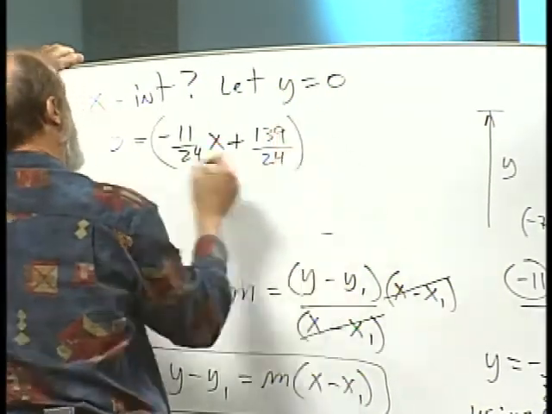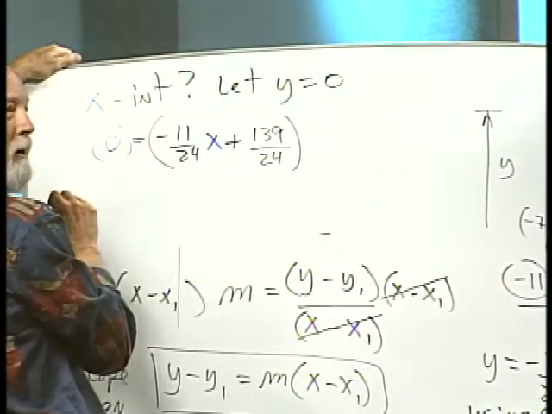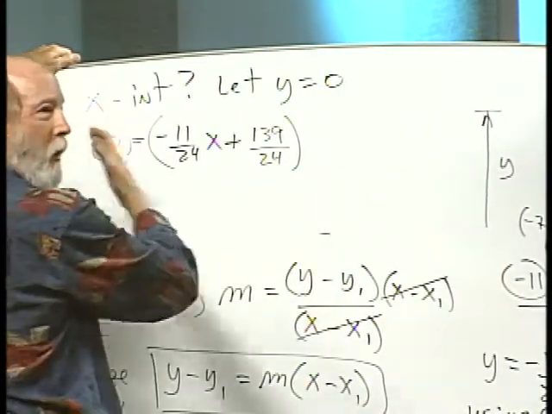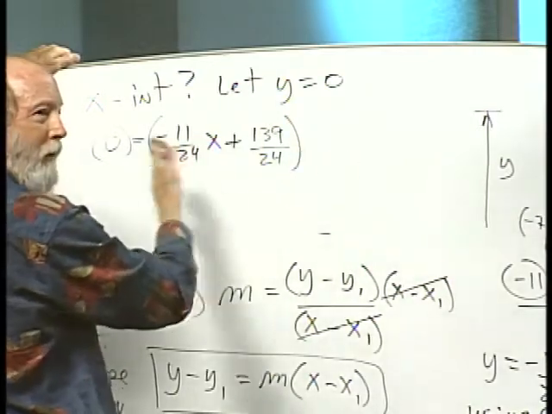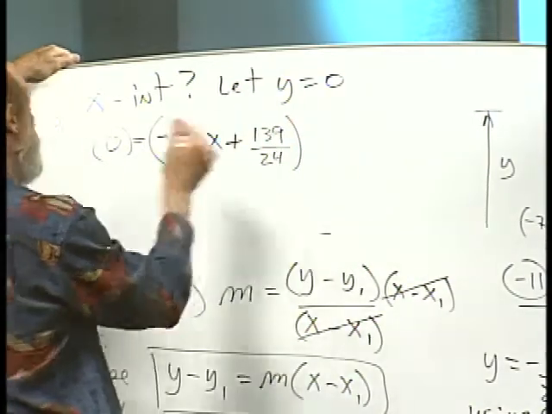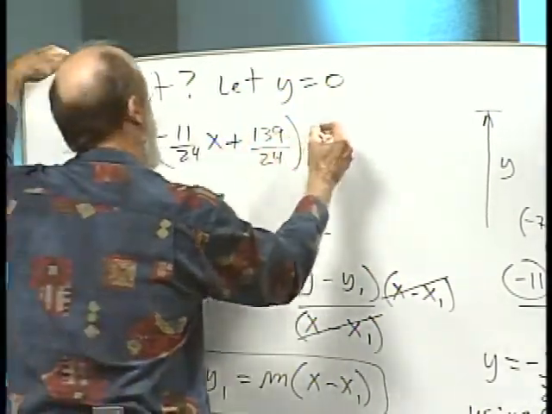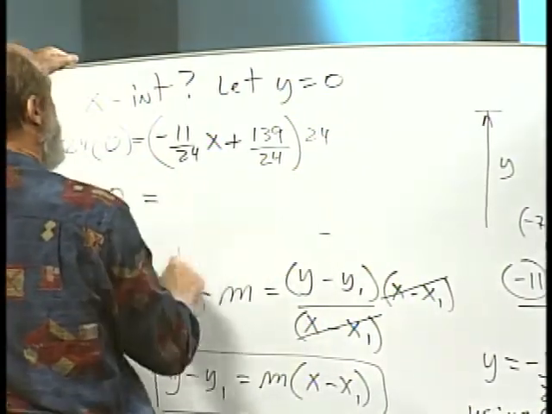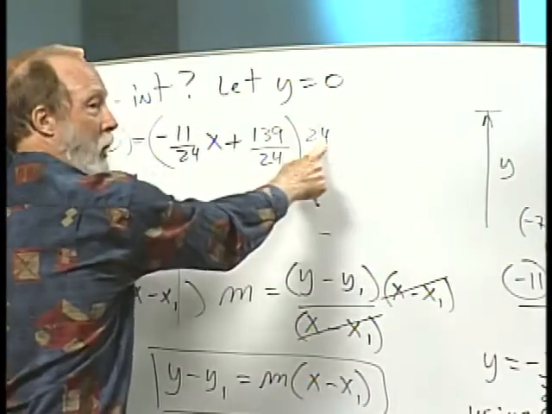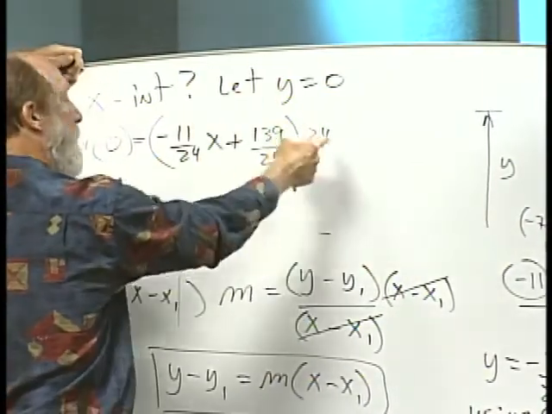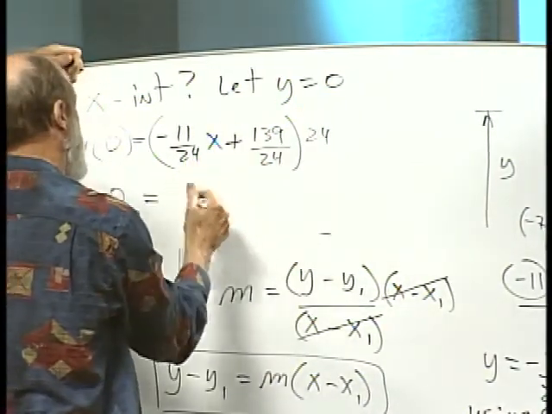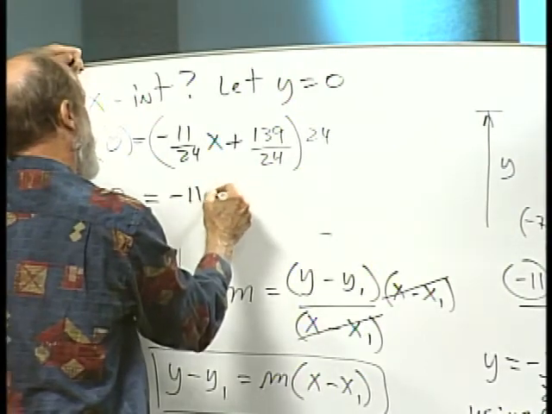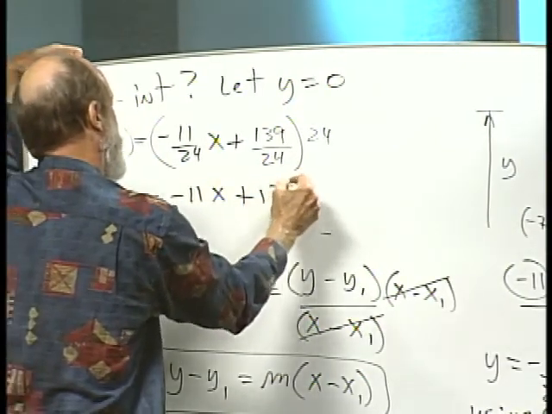Multiply both sides of the equation by the common denominator of all the fractions you see. The common denominator here is real simple, 24. 24 times 0 stays 0. Now we have to distribute the product 24 times these terms. And so we lose the denominators: minus 11x plus 139.